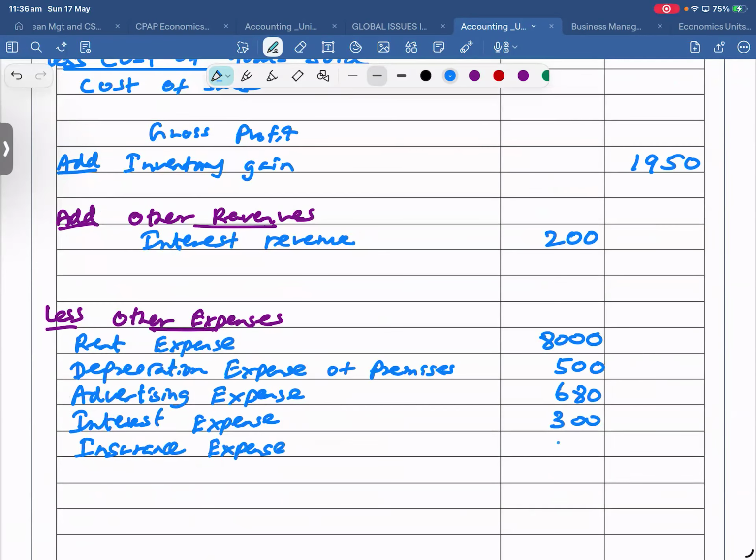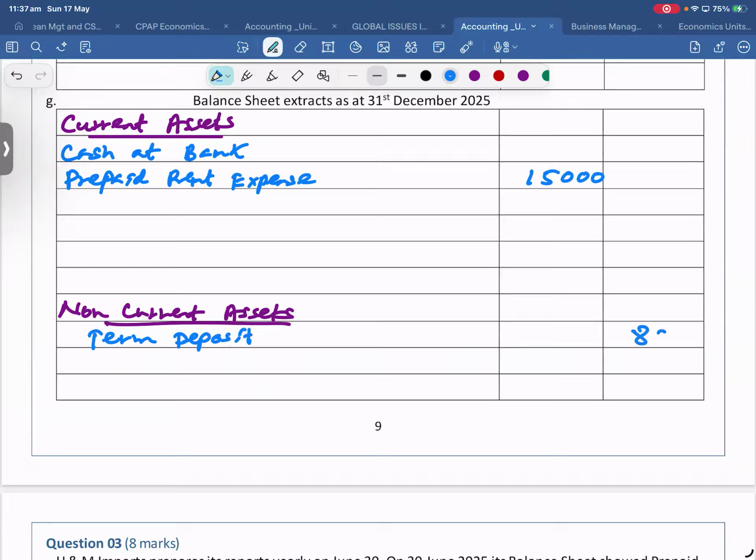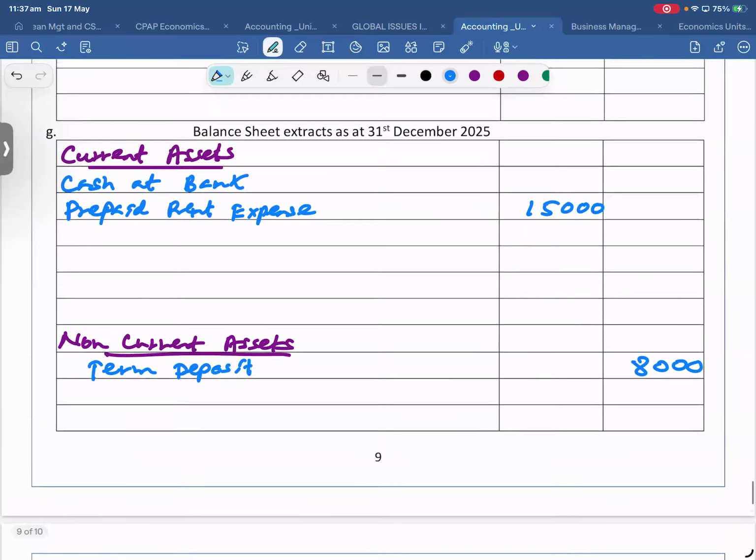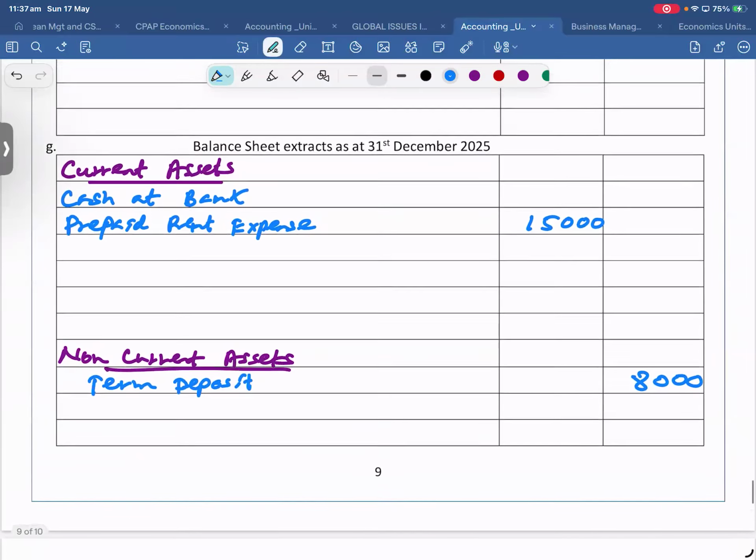Term deposit 8000, which is a non-current asset. Then wages expense 13,400.